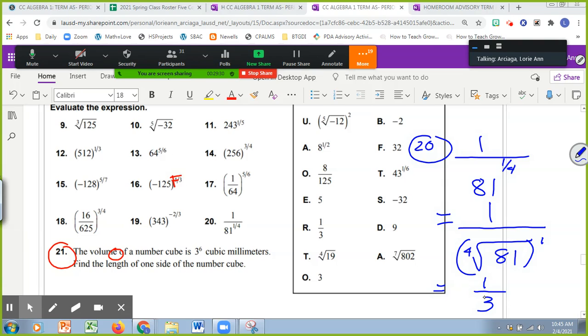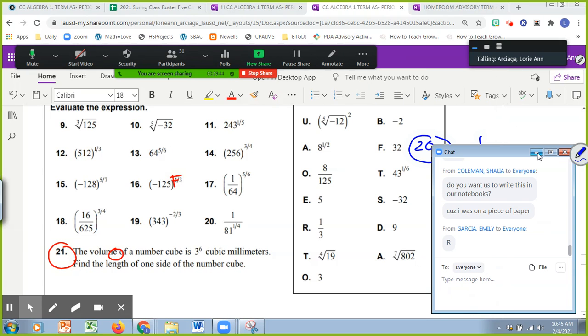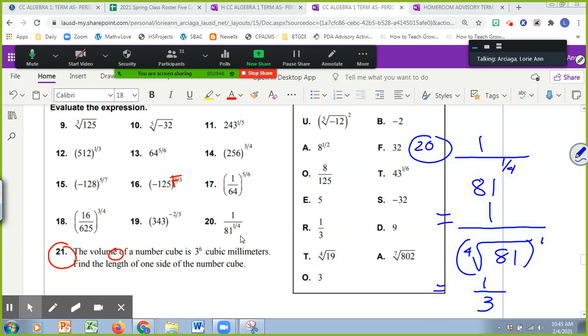Do we see 1/3 in the choices? Look for it. My eyes are hurting me. So what letter is that? Letter R. Yes. So number 20 is R. Okay. So I hope I helped you with that, honey.